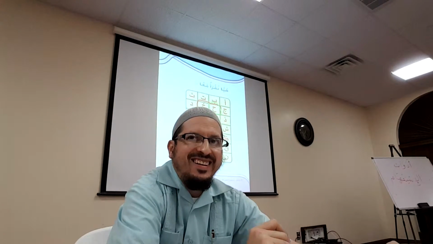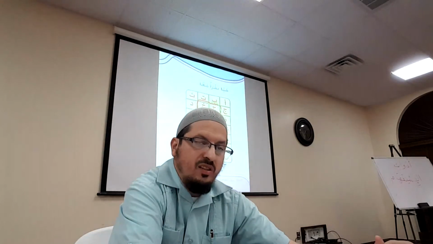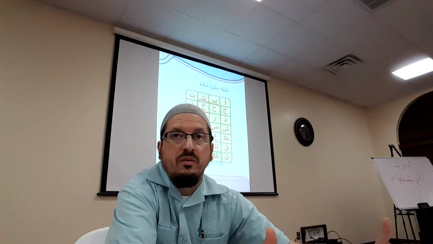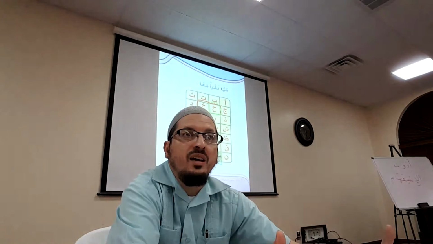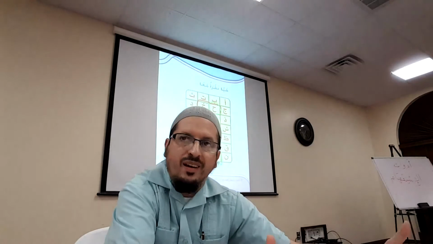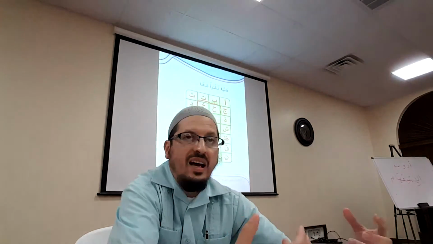For this one there's no equivalent. You will say, what is ha? What letter is equivalent? H, right? What about ha? Equivalent H. So this is dealing with the sound.